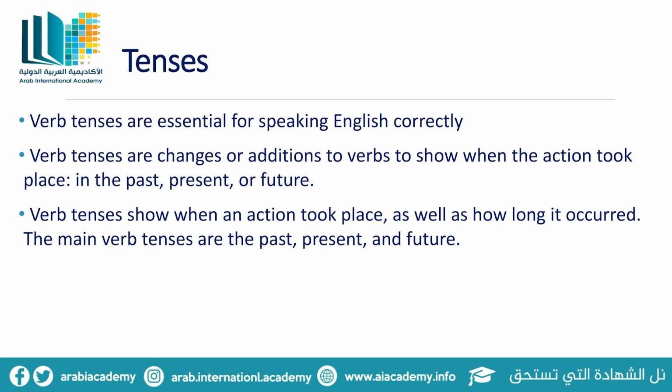The verb tenses are changes or additions to verbs in order to show when the action took place, whether it's in the past, present, or future. The verb tenses show when an action took place as well as how long it occurred. And as I mentioned, the main verb tenses are the past, present, and the future.